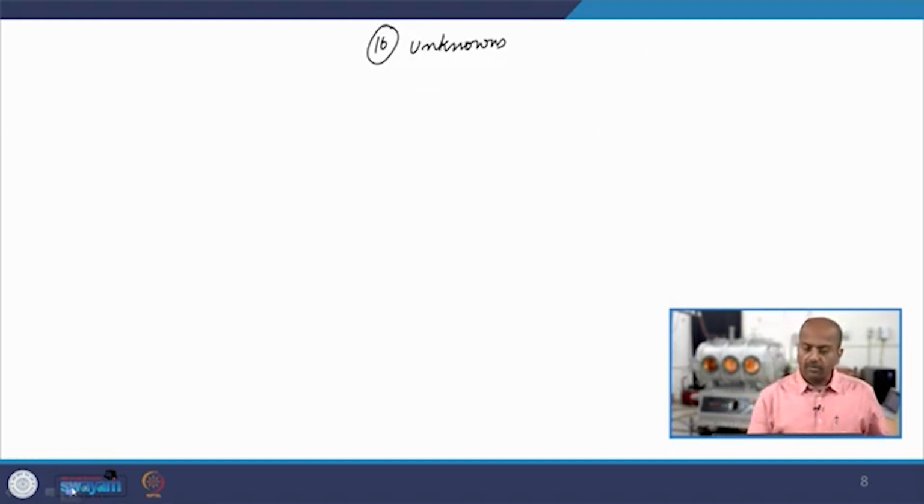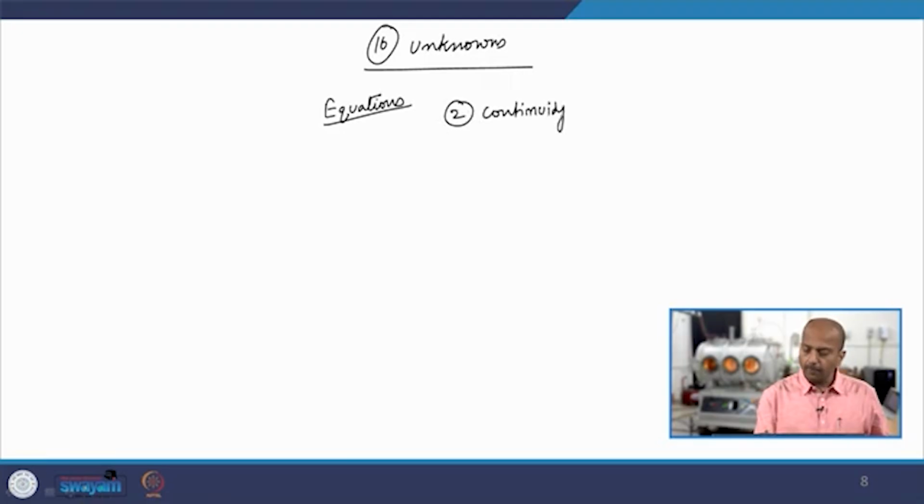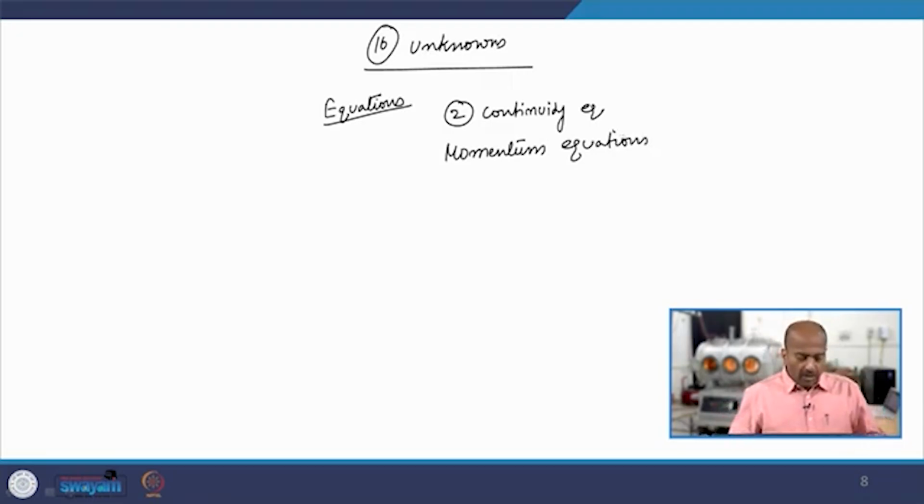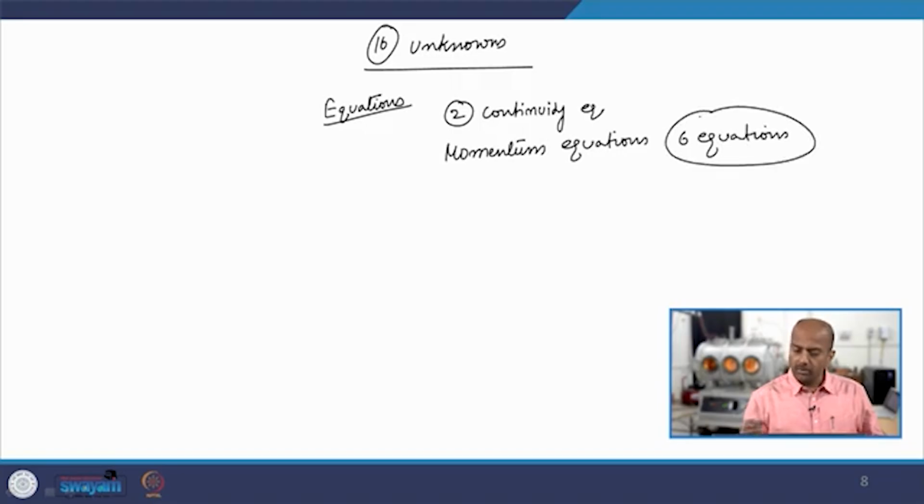But how many equations do we have? We have 2 continuity equations. We have momentum equations, which are vector equations that upon expanding can be written in 3 component form, so we have 6 equations from the momentum equation.